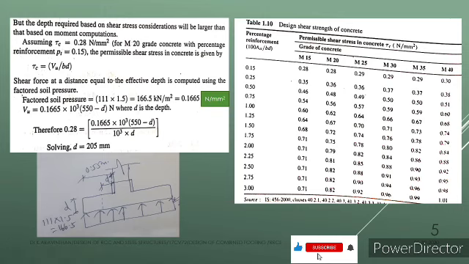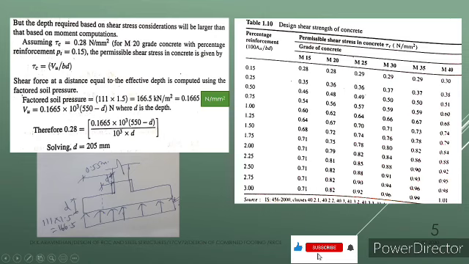What is our grade? We have assumed M20 grade, and now we are assuming 0.28 Newton per mm square as our value, and the percentage of reinforcement that we have to provide is 0.15. So let us assume this 0.28 and proceed with the problem.